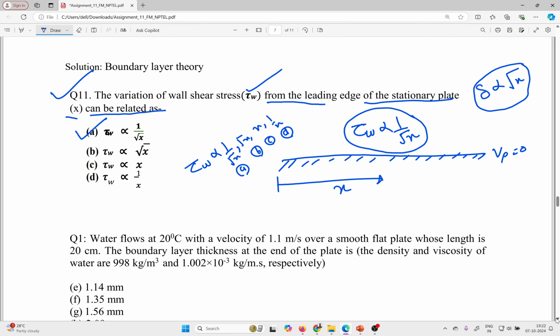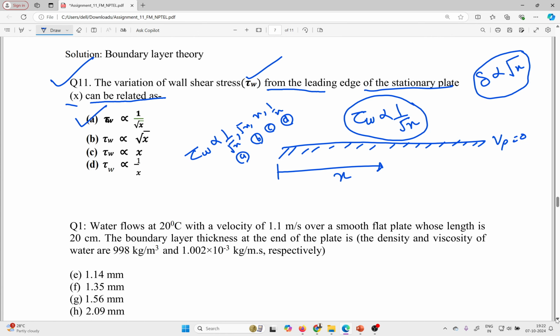Next question is: water flows at 20 °C with a velocity of 1.1 meter per second over a flat plate whose length is 20 centimeter. Remember, we are interested in the boundary layer thickness at the end of the plate, at 20 centimeter.